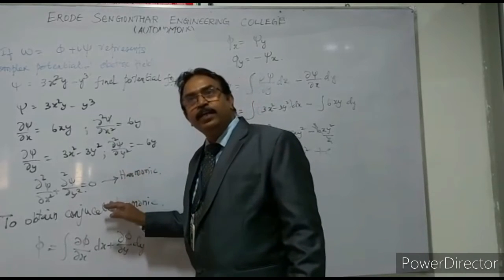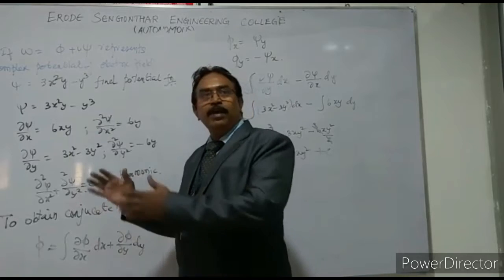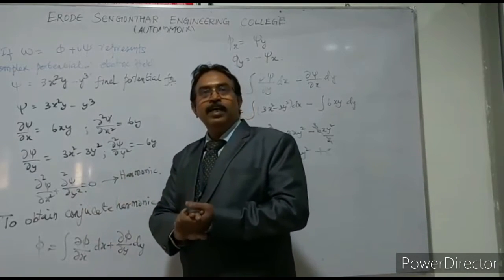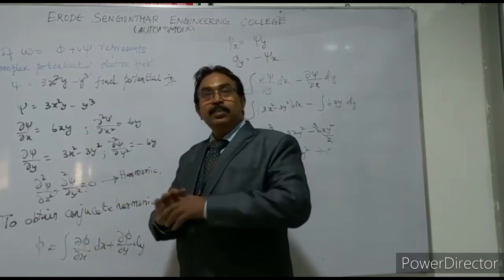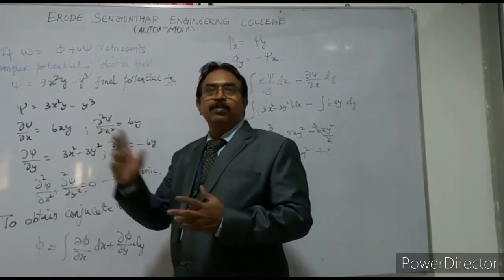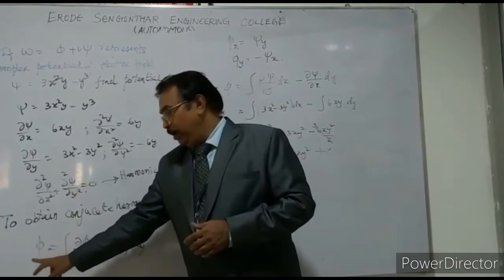So we have to find the conjugate harmonic. Whenever we have a real part, we have to find an imaginary part, or given an imaginary part, a real part. In a harmonic function, these two parts are called conjugate harmonic functions. So we have to find the harmonic function phi.